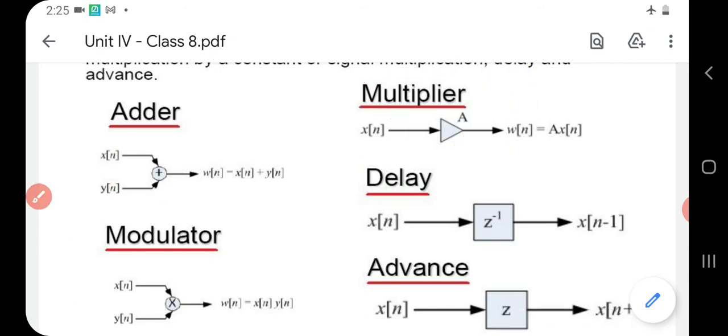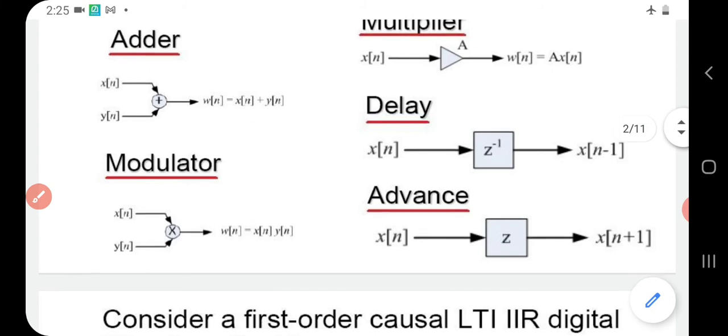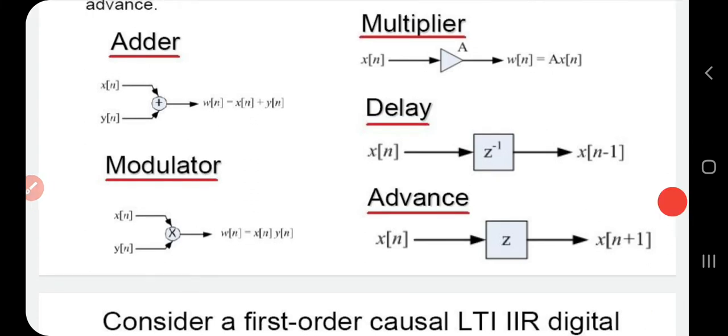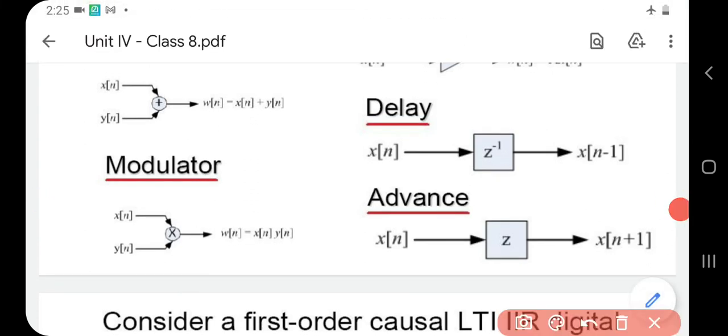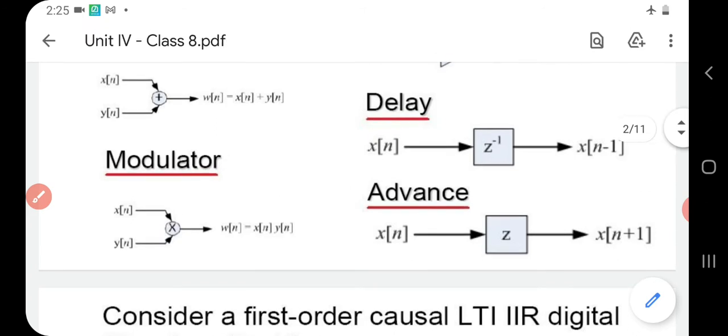If you have two sequences, say x of n and y of n, and you are multiplying those two sequences, then you can use the modulator. This is how a modulator is represented, with a multiplication sign. The output will be x of n into y of n. Now suppose you have a sequence x of n and you want to delay it by 1 unit, then you use the symbol z raised to minus 1.